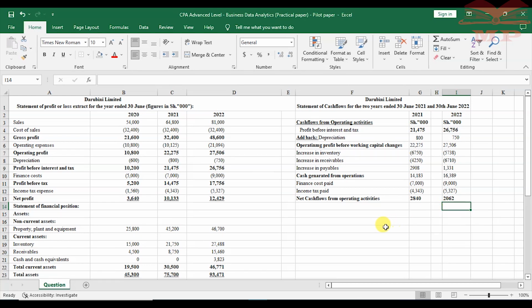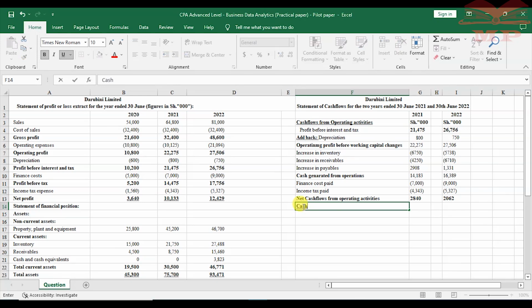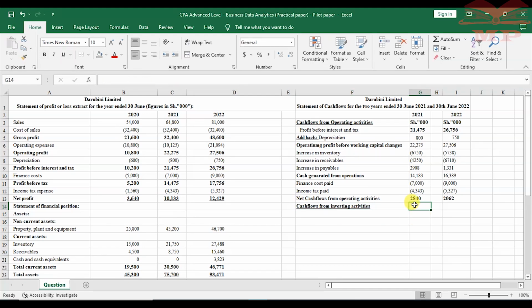After that, we move to cash flows from investing activities.